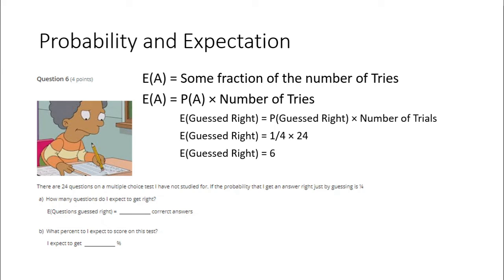That doesn't mean I definitely get those 6 questions right, because it depends on luck. Maybe I get more, maybe I get less. But I would expect to get 1/4 of those questions right based on that probability.